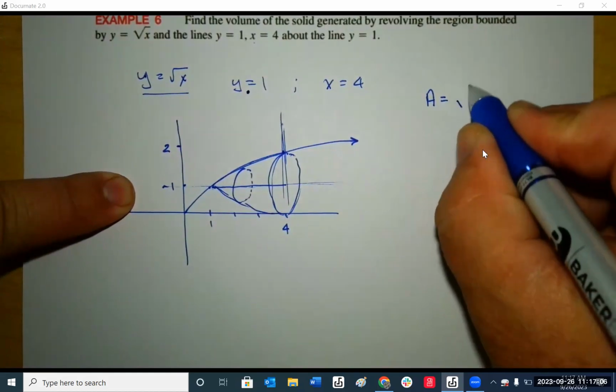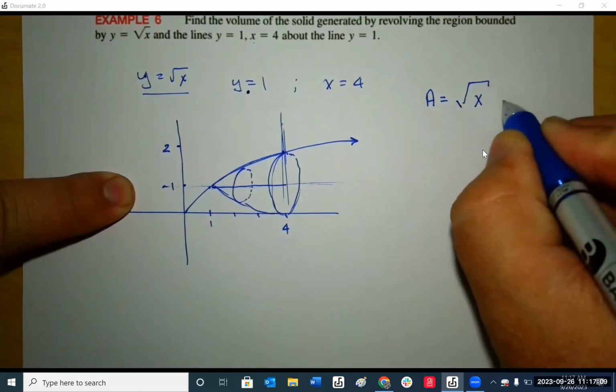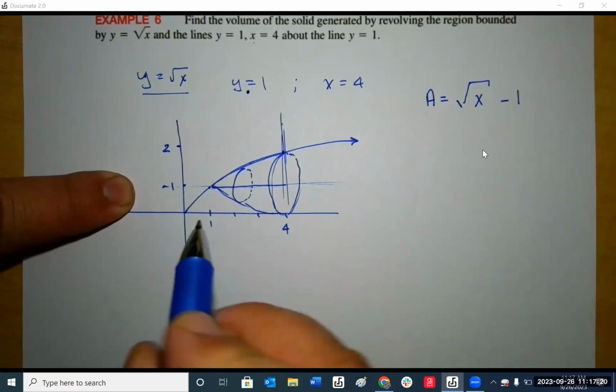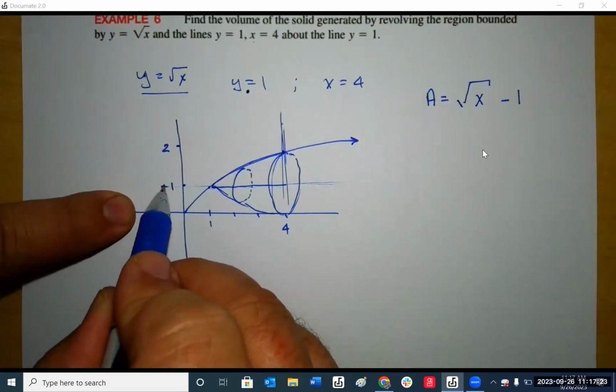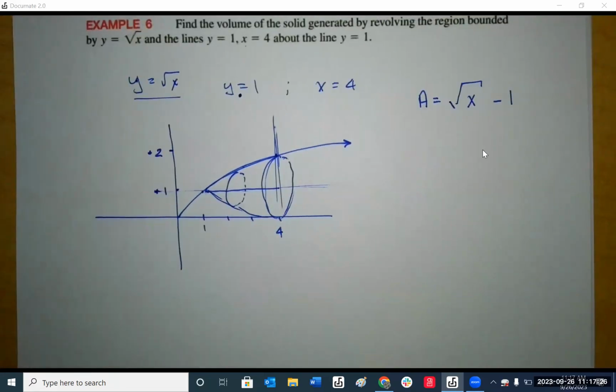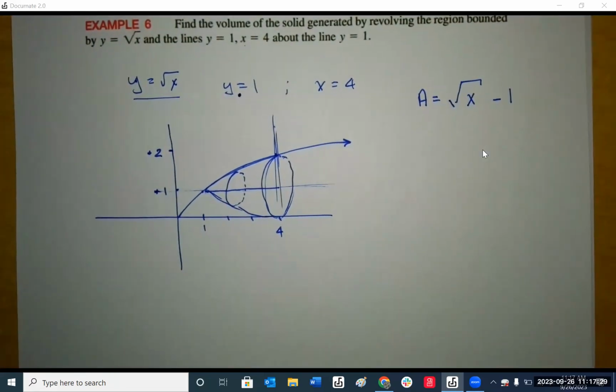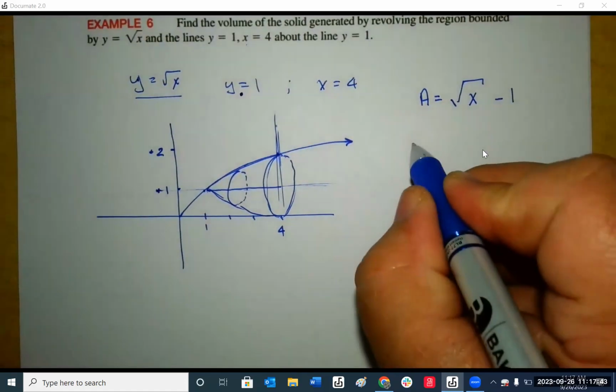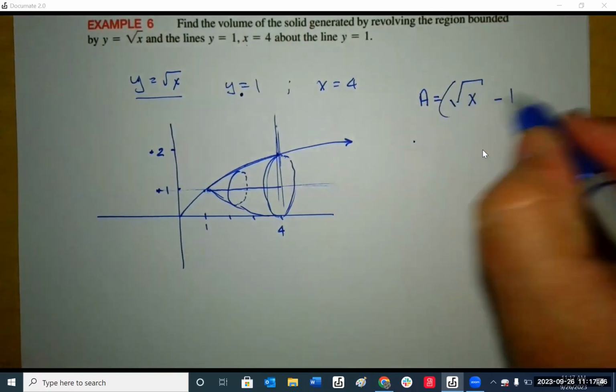So our equation that we're dealing with, because we are revolving about the line y equals 1, times pi.